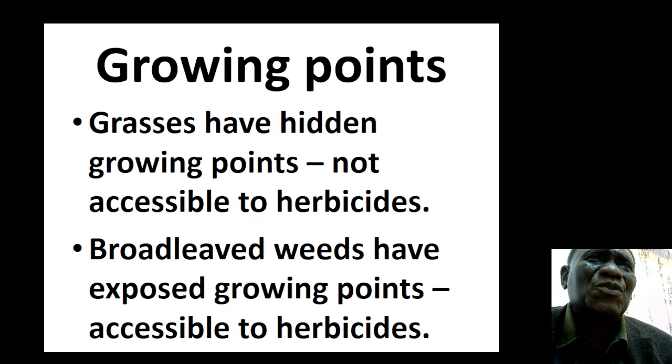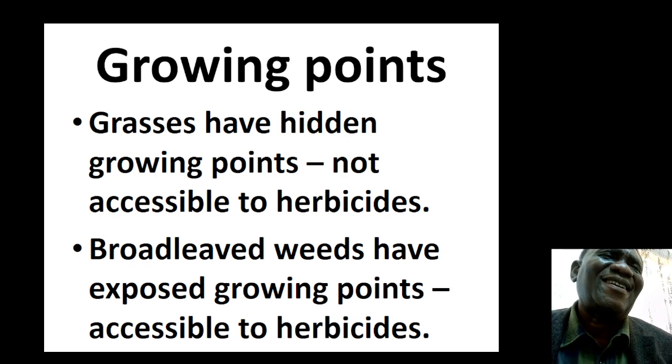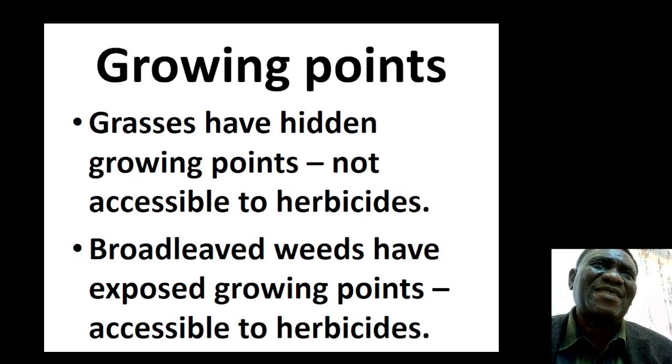The broad-leaved weeds, on the other hand, have got exposed growing points, so herbicides can easily reach these meristematic areas. So if we spray the herbicide post-emergence, we are likely to kill broad-leaved weeds, leaving grasses.